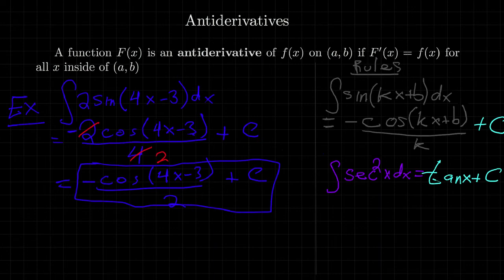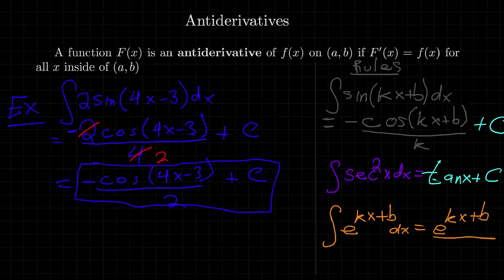Now let's take a look at one more. What about the integral of e to the kx plus b dx? Remember, when you get the derivative of the exponential function, it equals itself. Here, the only consideration you have to make is that if there's a number multiplying the x, you would have to divide by that number as well.